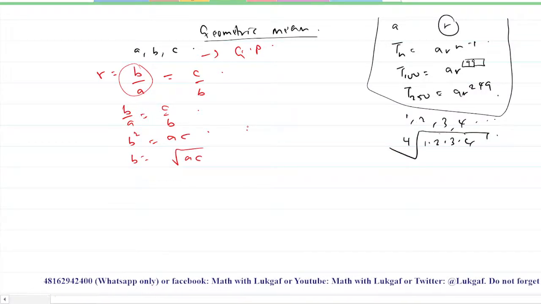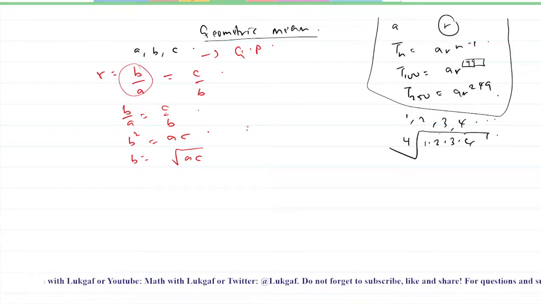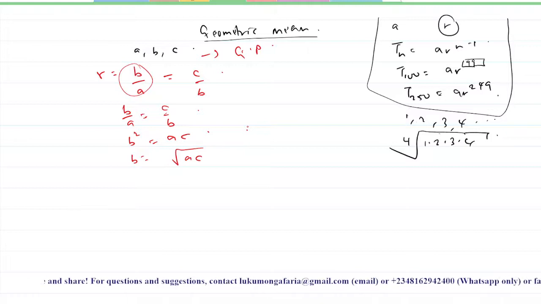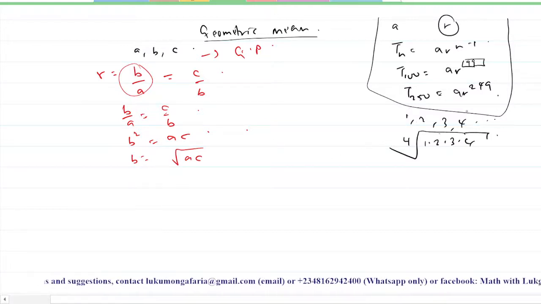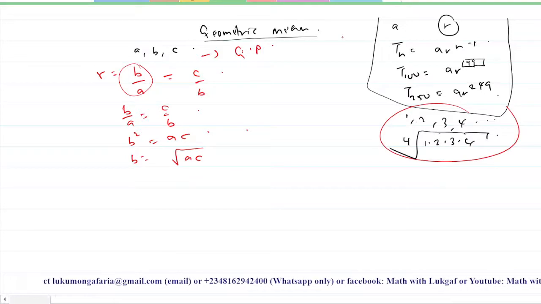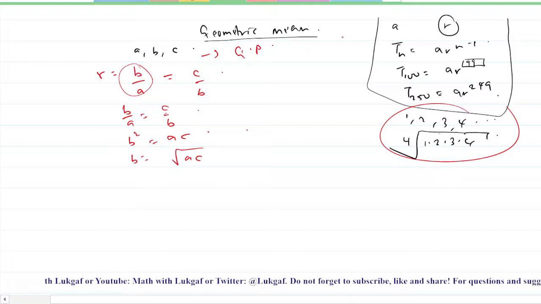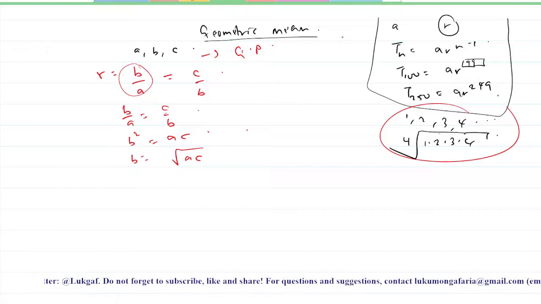In essence, when you have 3 consecutive terms, your geometric mean is the middle number between the first and the third terms. You understand now? The idea is the same thing as that of the statistics you used to do. So if you have 3 numbers like A, B, C that are consecutive, it follows that your B, which is the middle term, is your geometric mean.